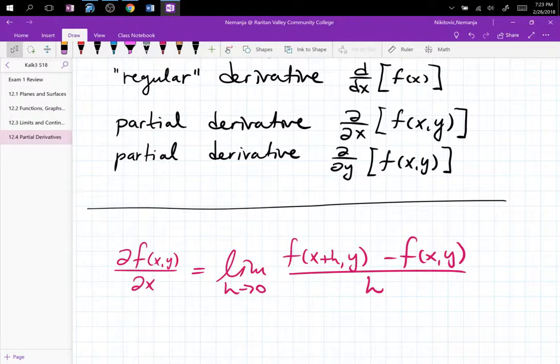Please note that if you erase all of the y's, you just get your basic definition from Calc 1. Well, here, I'll kill all the y's.